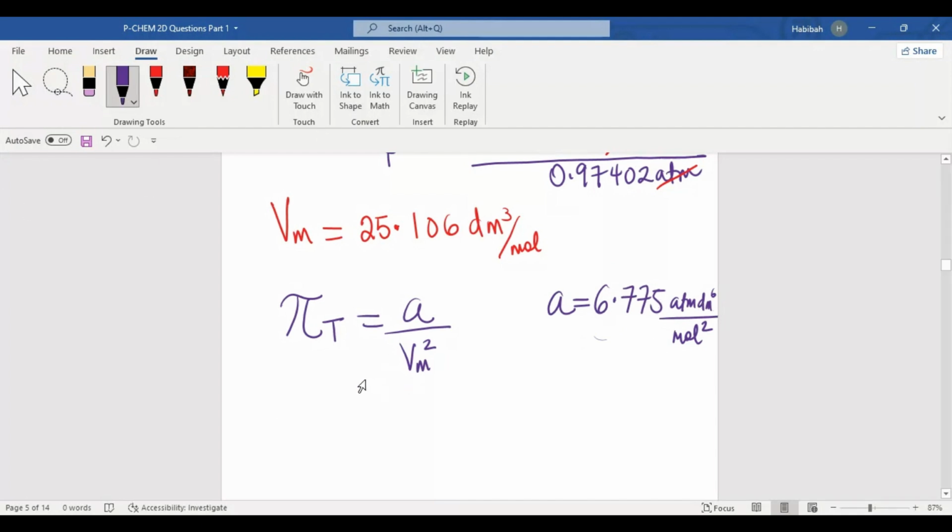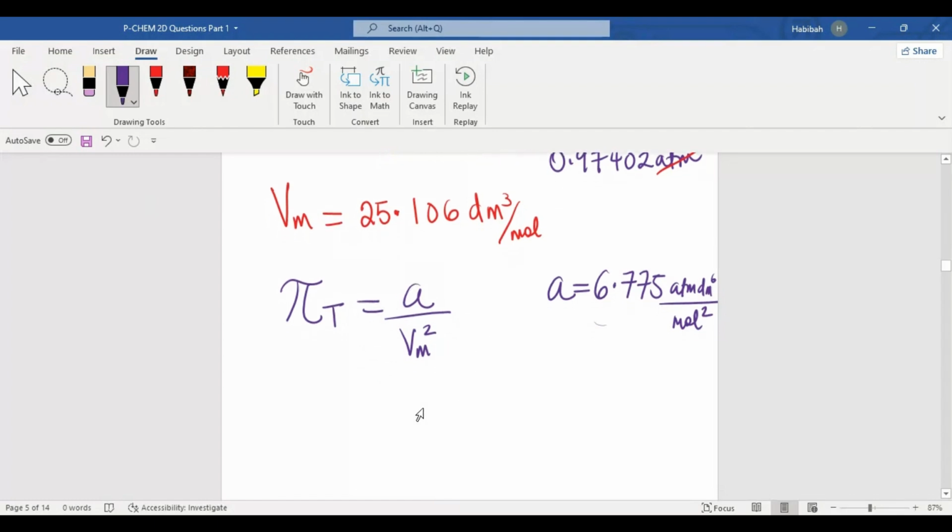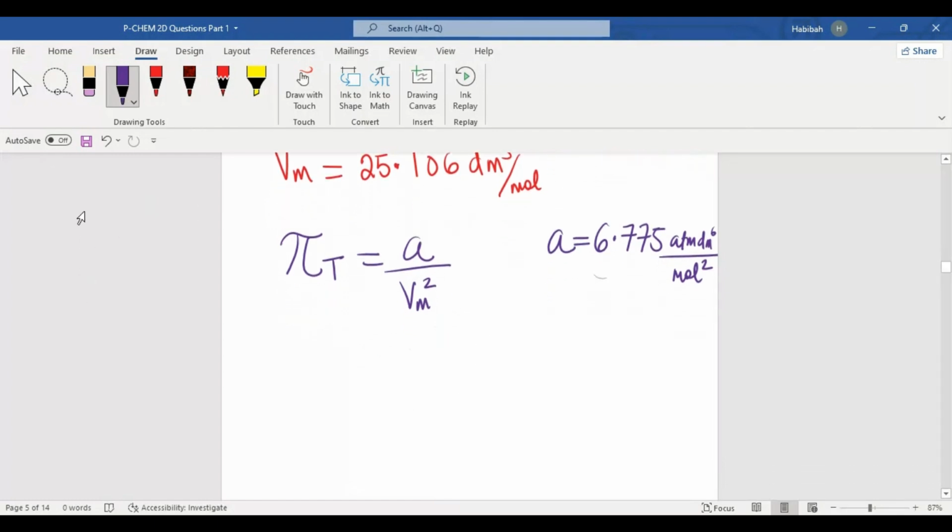So now we have the value for A as well as the molar volume. We can just simply substitute to find the pi sub t. So pi sub t is now going to be 25.106 dm. Sorry, that's a mistake. We have the A value. I was writing the molar volume up top instead of it being at the denominator.